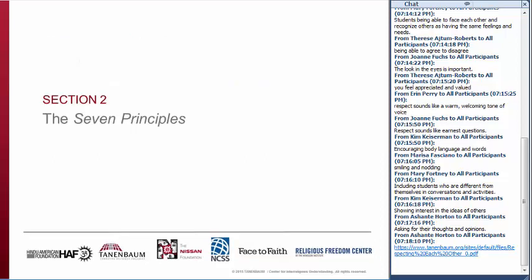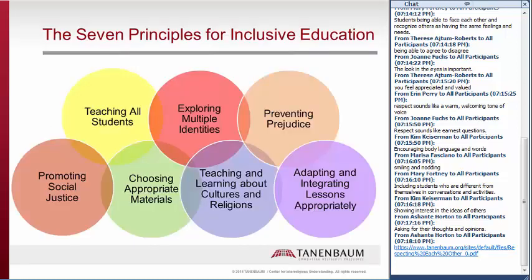So now we want to talk a little bit more about the pedagogy, the 7 principles themselves. On the screen, you see all 7 of the principles, and some of them have already been introduced on the earlier webinars that our colleagues Charles Haynes and Kristen Looney led in the first 2 webinars, so we'll talk about that.